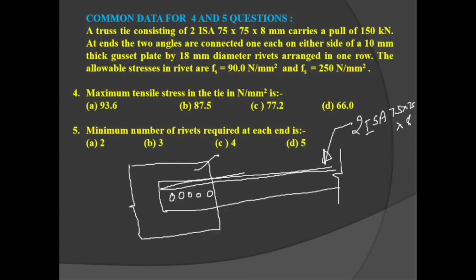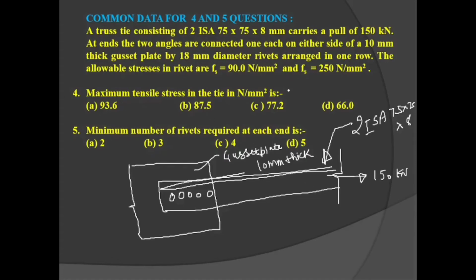This is our gusset plate. Now it carries a pull, which means a pull force P of 150 kilonewton. At the end, two angles are connected, one each on either side of a 10 mm thick gusset plate, by 18 mm diameter rivets arranged in one row.